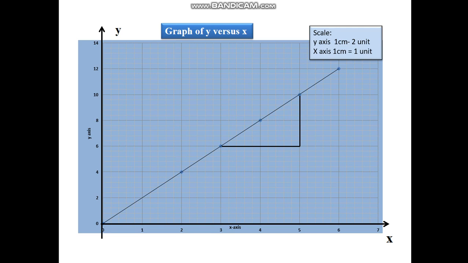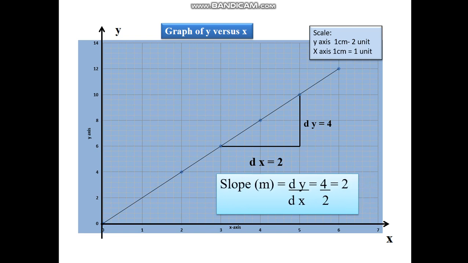We find the distance dy as equal to 4. 1 centimeter is 2 units, so 2 squares will give 4. On the x-axis, this distance is equivalent to 2 units. So when you divide it, the slope m is dy by dx. That will give you 4 upon 2, which is 2. So this is the distance method.